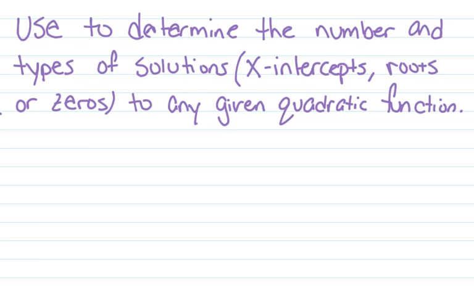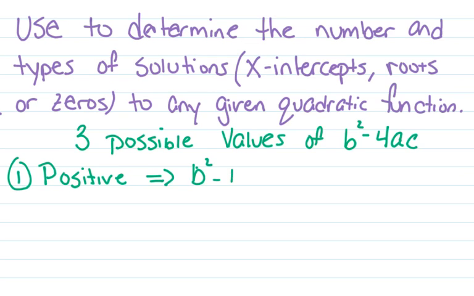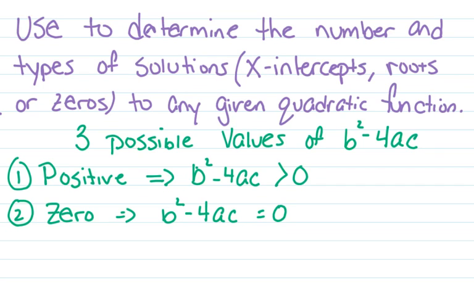So, with that, there are 3 possible values of b squared minus 4ac, or that discriminant. 1 is that it's positive, which just means that b squared minus 4ac is going to be greater than 0. 2 is that it is 0, so b squared minus 4ac is equal to 0.